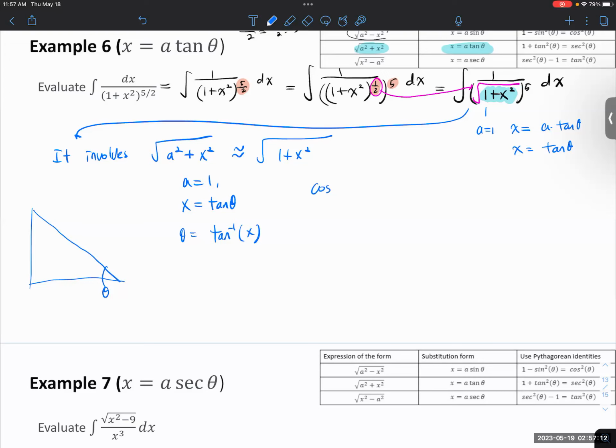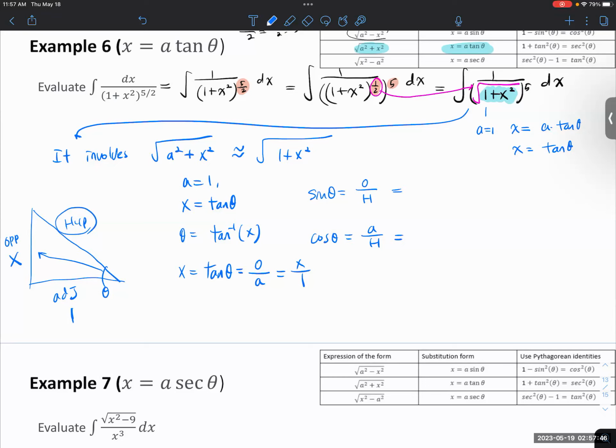We need to find sine theta. SOHCAHTOA: sine is opposite over hypotenuse, cosine theta is adjacent over hypotenuse. So we know this is opposite, hypotenuse, adjacent. Tangent theta is x over 1. So once more, x equals tangent theta, and according to SOHCAHTOA, it is opposite over adjacent, so it is x over 1. Opposite is x, adjacent is 1. What is the hypotenuse?